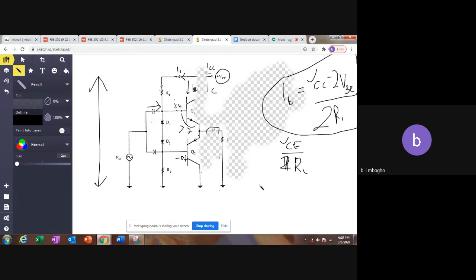Now, the next part is getting the average current, because the average current is the one which we said comes like this. How do we get it? Average current is just IC sat over pi. There is a long derivation in the notes, you can go over it. It's just integrating and doing some stuff. This here gives us I average.